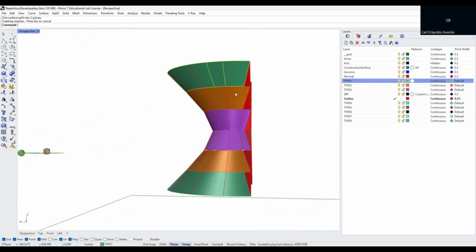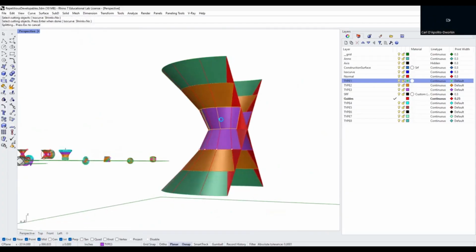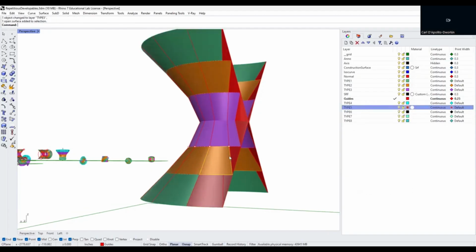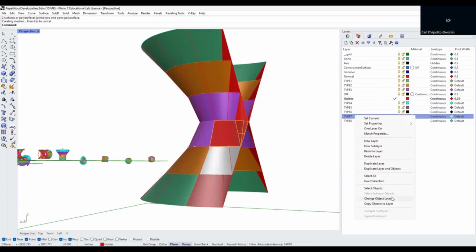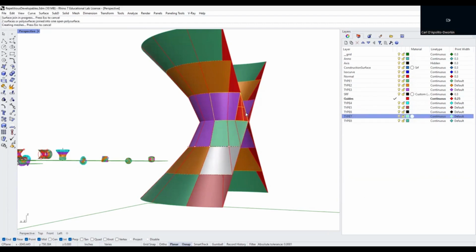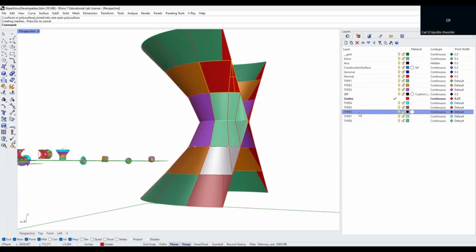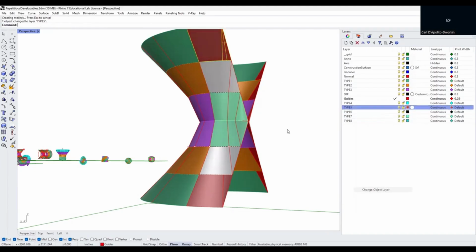But then these last ones might be like five, six, seven, eight, seven, six, type five.